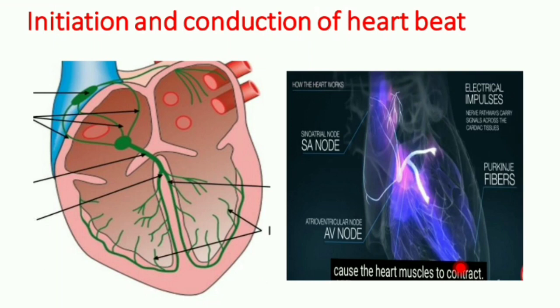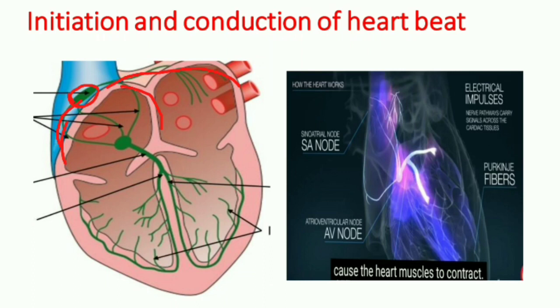We'll see the initiation and conduction of heartbeat. This is the SA node, which initiates the electrical impulse, so it is said to be the pacemaker of the heart. The impulses pass all over the walls of the left and right atrium. Then it makes the atrial walls contract.